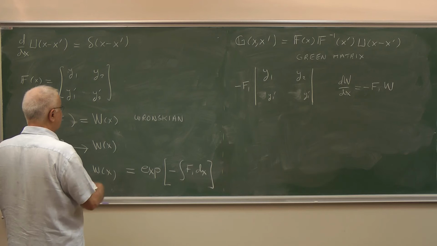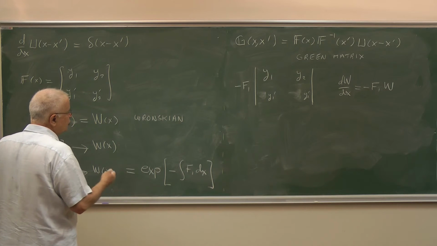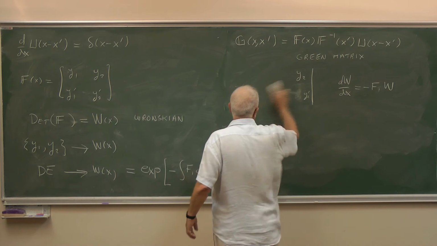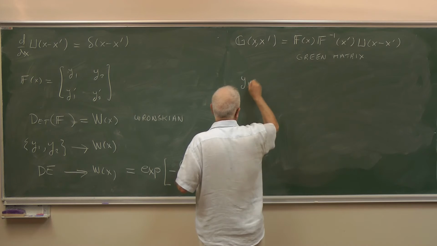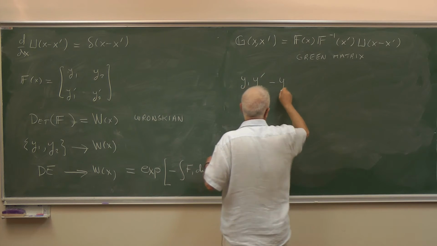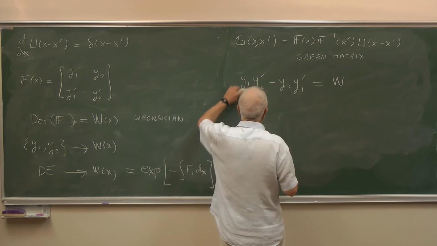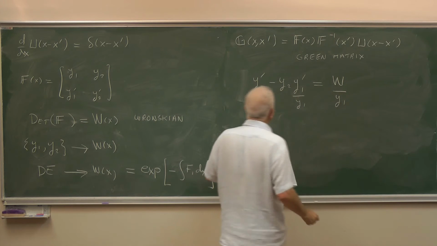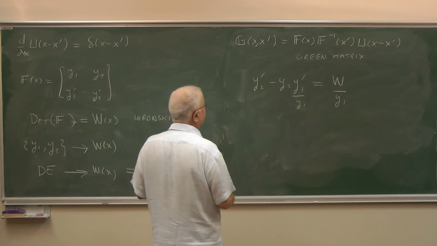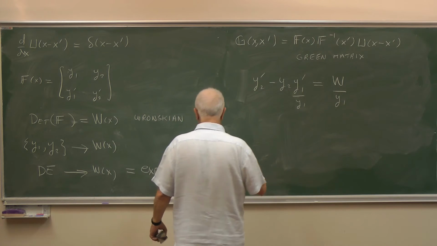to get the Wronskian. Now, once you have the Wronskian and one of the solutions, then you can find the other solution. So let's demonstrate that a little bit. y1 y2 prime minus y2 y1 prime is the Wronskian. If I divide throughout by y1, this is a first order linear differential equation with a very simple result.